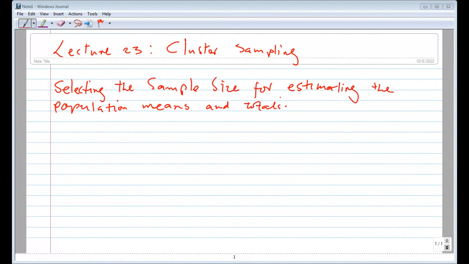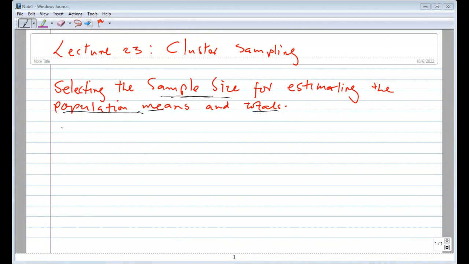In other words, I'm going to show you a formula that you can use to select the sample size required to estimate the population mean. Then later, I show you the formula that you can use to select the sample size for estimating the population total.